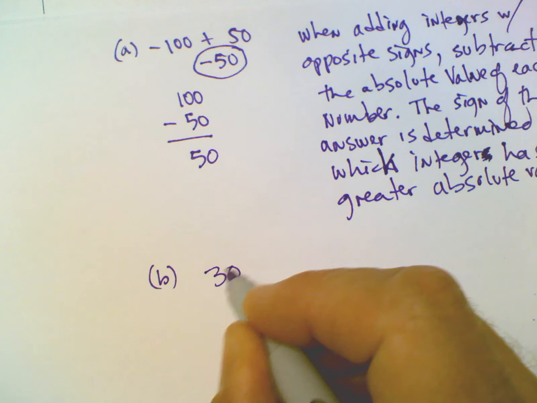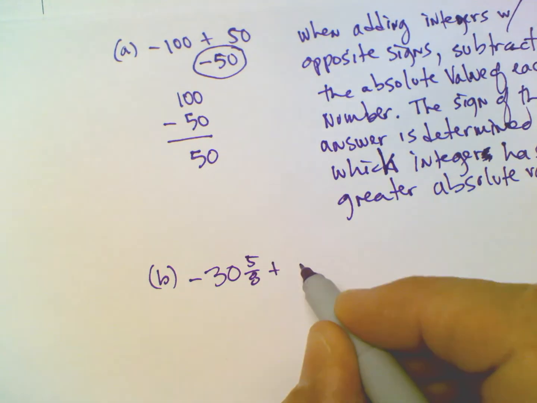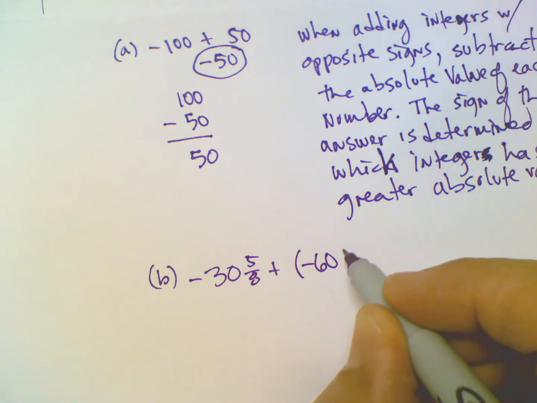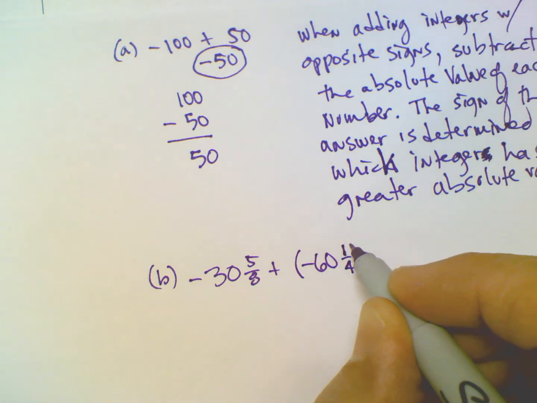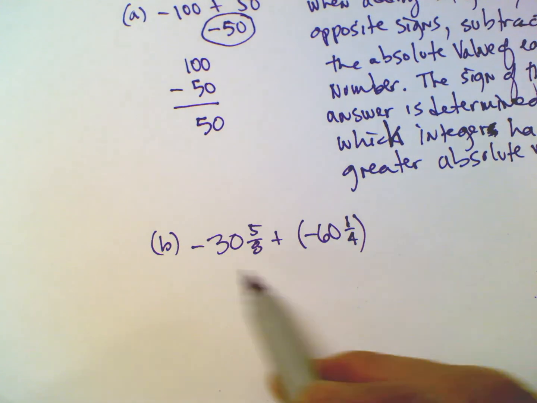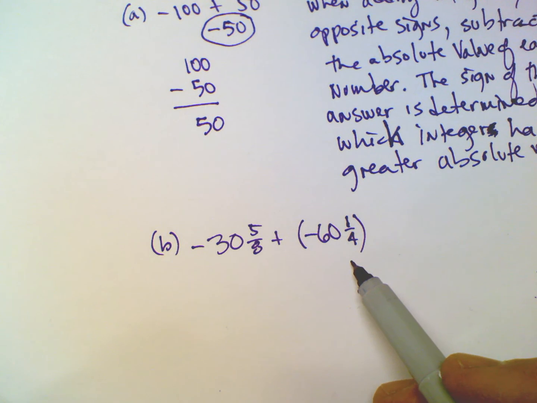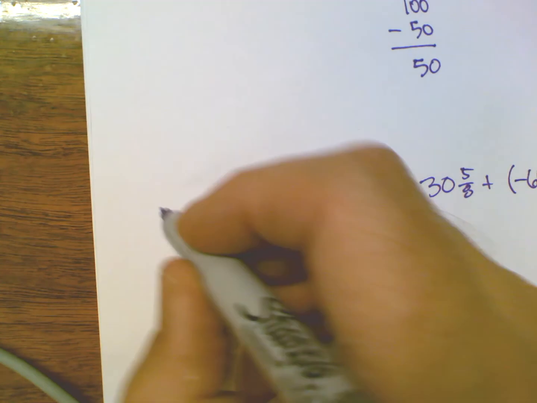B is negative 30 and 5/8 plus negative 60 and 1/4. In this case, we have integers with the same sign, right? So over here, I'm going to write a rule.